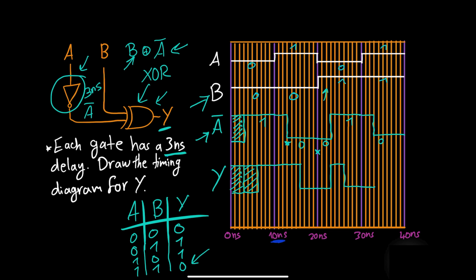So the output should be 1, but again it will take 1, 2, 3 nanoseconds, and then it will go back up to 1. And by the way, you guys, as you can see, this right here shouldn't be there, and that is what we call a glitch in a timing diagram. It only happened because of the propagation delay. If there was no delay, in a perfect case scenario, it should be a 0.